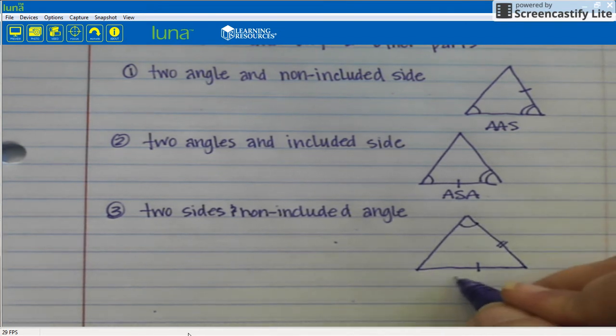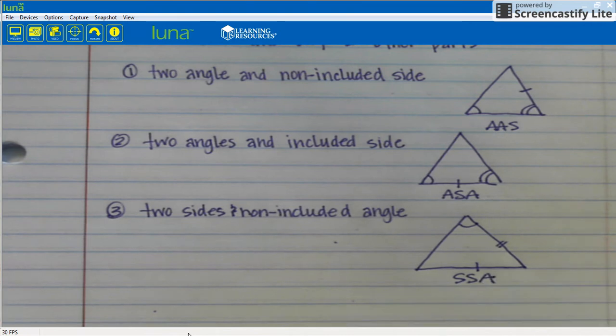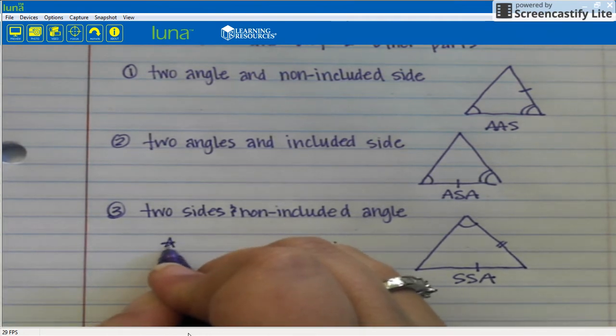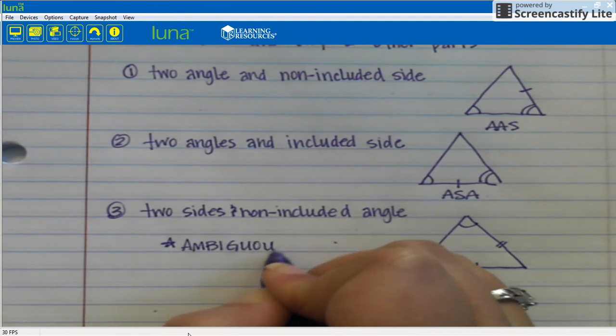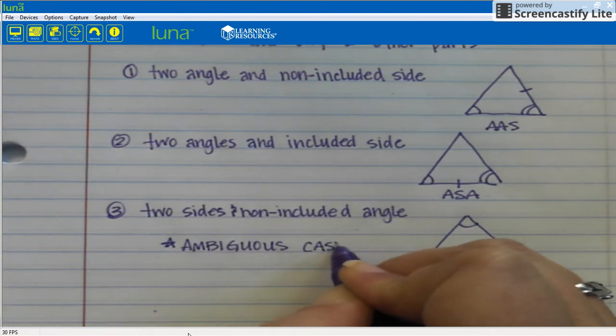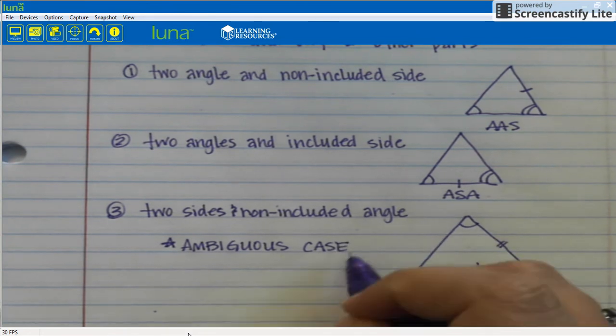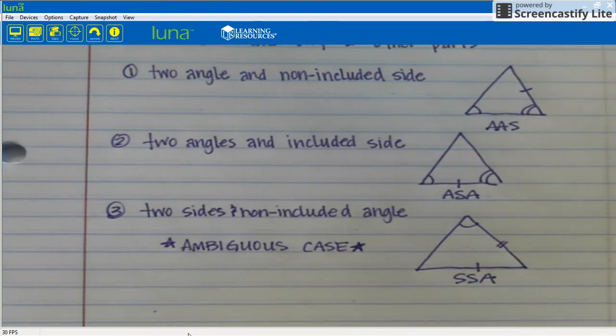And so we refer to this as SSA, because if we write it forwards, then that's not appropriate for the school environment. So side side angle, and we often refer to this as the ambiguous case. And we'll talk a little bit more about that in a few minutes. Okay, the ambiguous case. It's a special scenario that occurs.